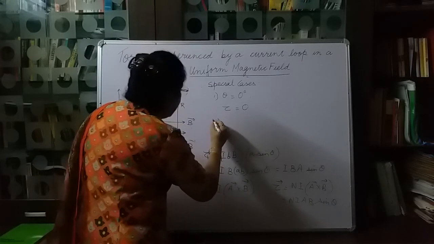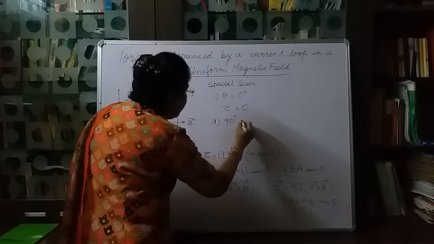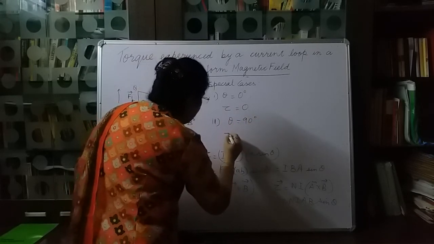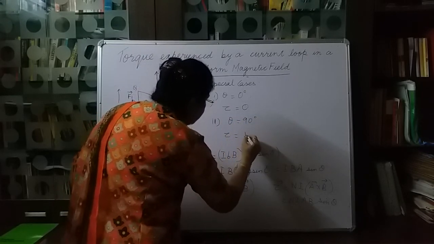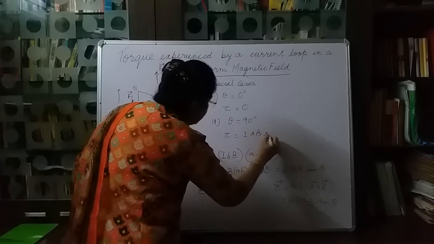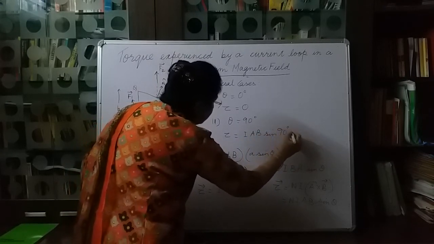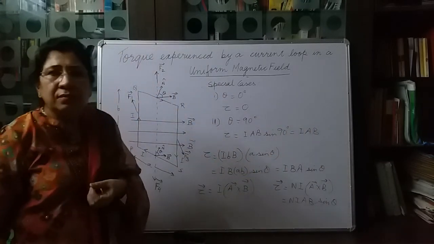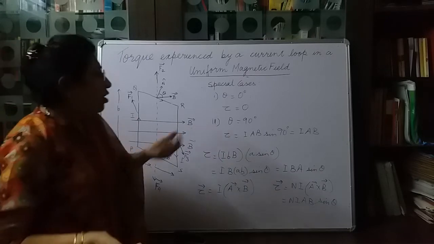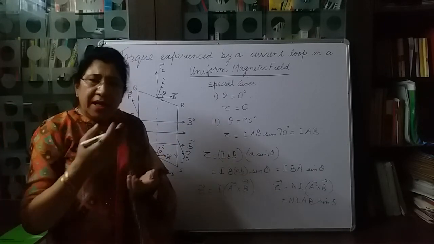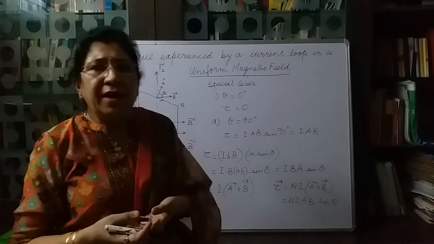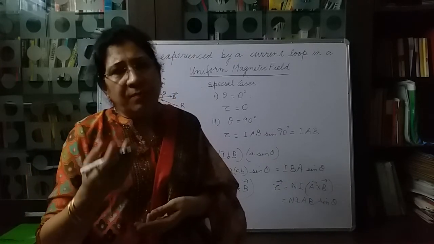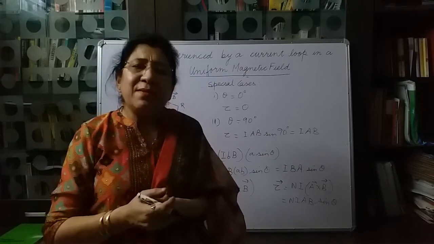If theta is 90, the torque will be maximum. So when is the torque maximum? When the plane of the coil is parallel to the magnetic field. At that time, the coil will experience maximum torque.